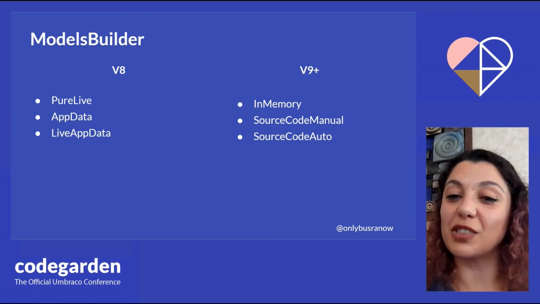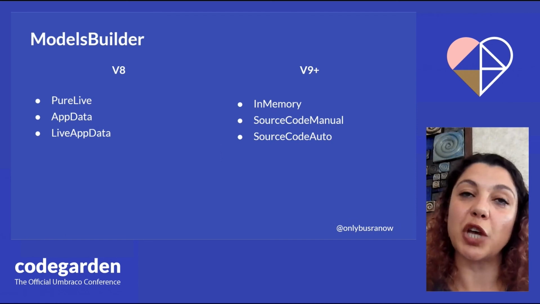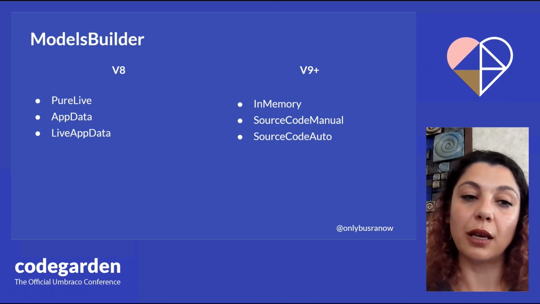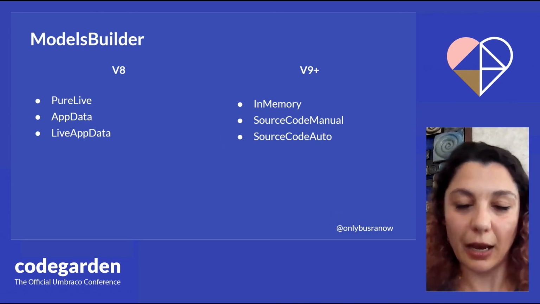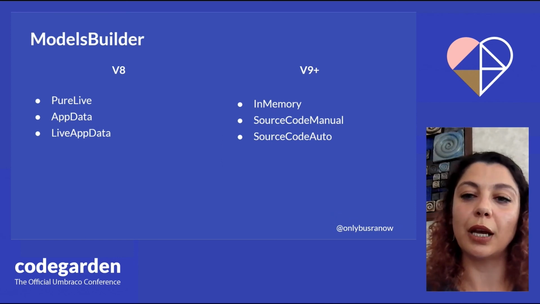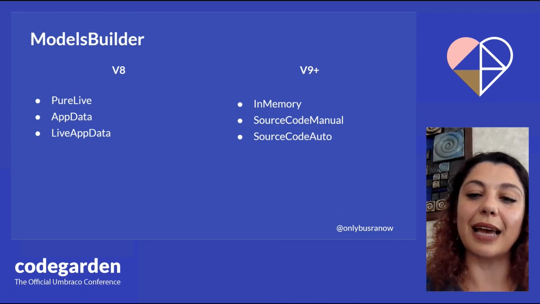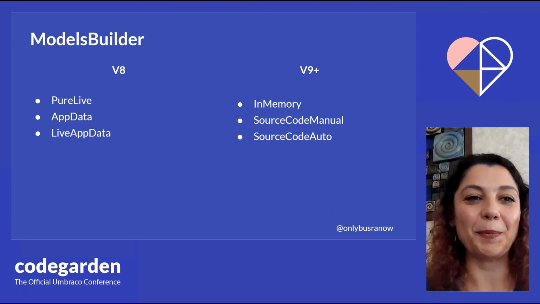AppData mode is now SourceCodeManual, which I know as a fact means that after you change anything from the back office, you need to go and click the button to regenerate your models. I don't like that. But LiveAppData is now SourceCodeAuto, and with that, you don't need to click any buttons and you can work smoothly.